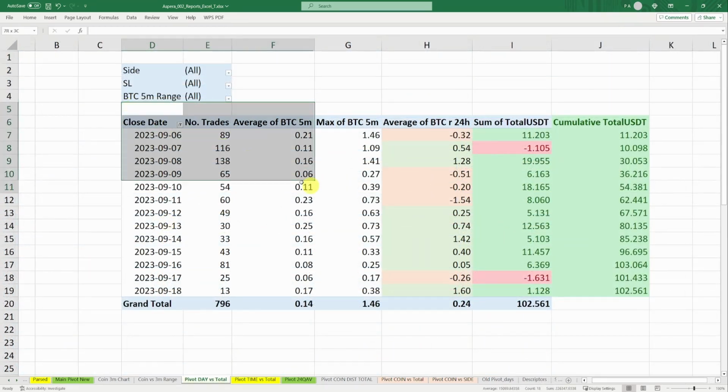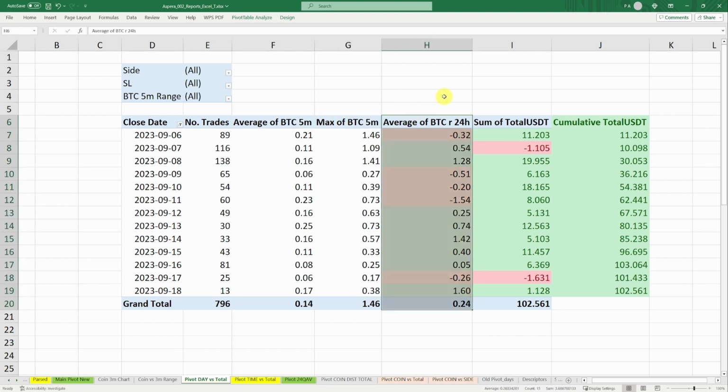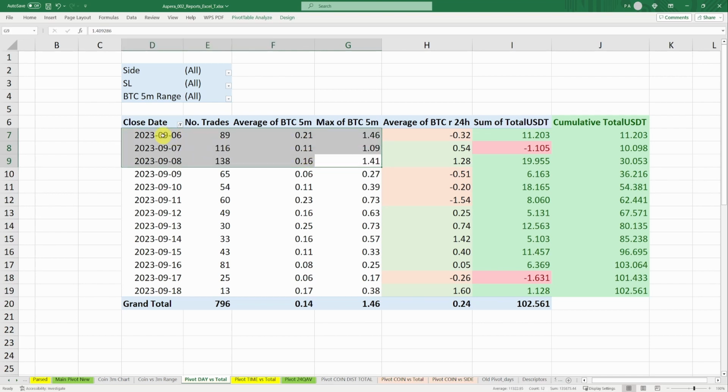In this little table, I summarized the data for each day, showing the numbers of trades, average and maximum 5-minute BTC absolute delta, average BTC 24-hour relative delta, along with the results of my emulated trading. Bitcoin was not too active in that period. The maximum detected 5-minute delta was above 1% only within 3 different days. The rest of the time it was pretty calm.